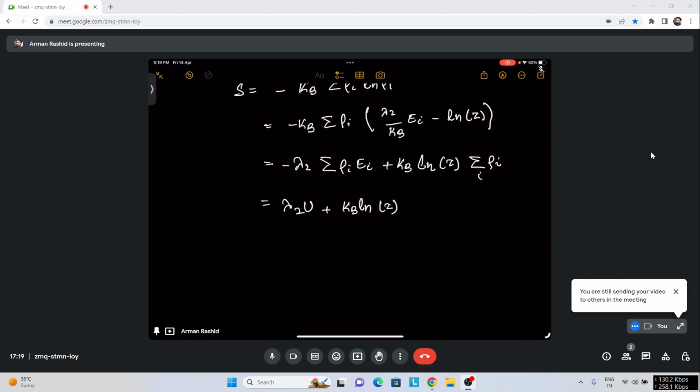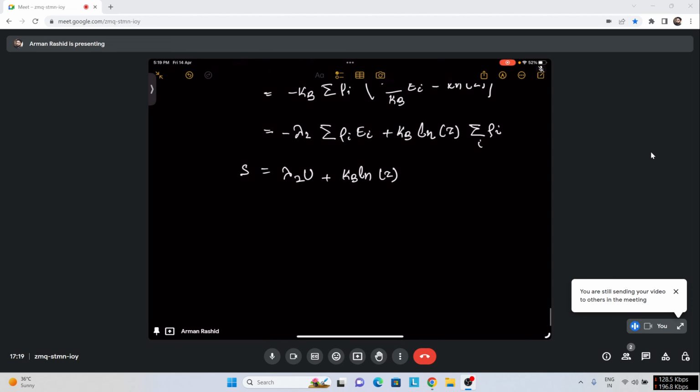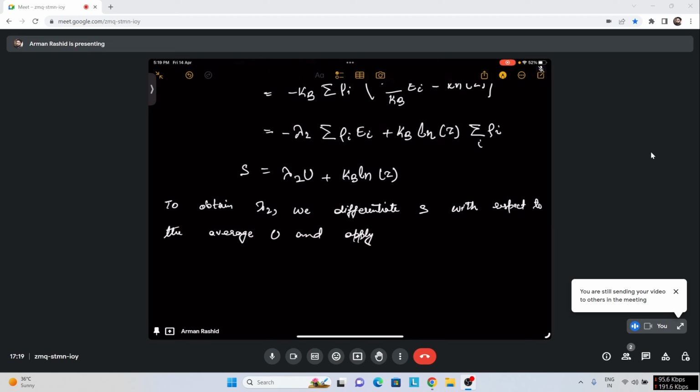Now we have derived an equation for s. From this, in order to obtain lambda 2, we differentiate s with respect to the average u and apply the first law of thermodynamics, that is delta u is equivalent to T delta S minus P dV.